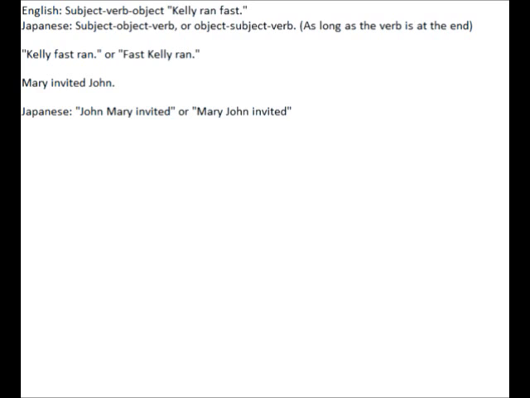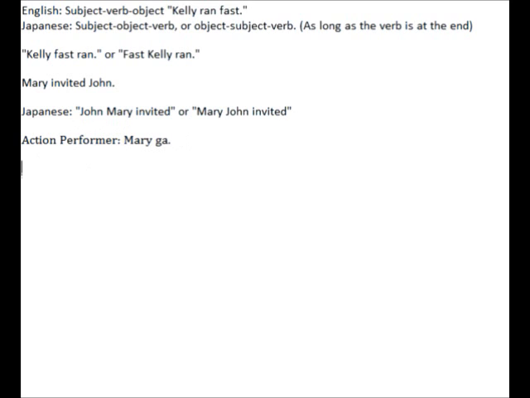Alright, but how do you know who invited whom? Okay, the participle for the action performer, or the person doing the action, in this case Mary, would be ga. So we would put ga after her. So you'd say Mary ga for the action performer.